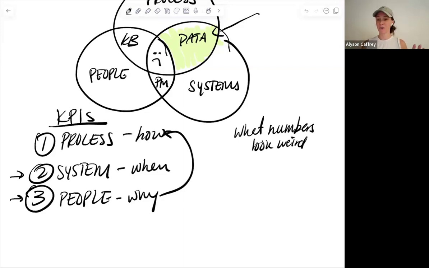It sounds so simple, but really what we do every single week is take a look at our client services department. And the biggest question we need to answer in that meeting is, are we helping our clients win? And if we are, there are a certain number of things that need to be true within certain ranges, certain numbers that we look at. And what numbers look weird?